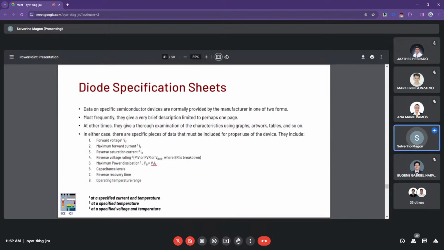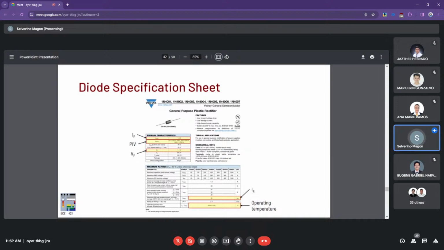And so you notice much of these parameters are temperature dependent, as we've mentioned so many times already, that the electrical responses and behaviors of semiconductor devices are very much affected by the outside environment, or temperatures in particular. So here are some of the typical characteristics or specifications.